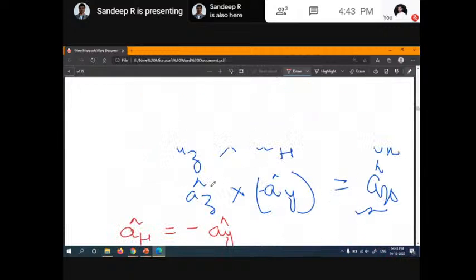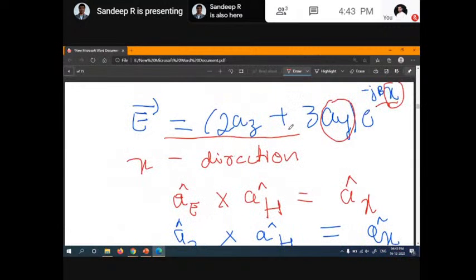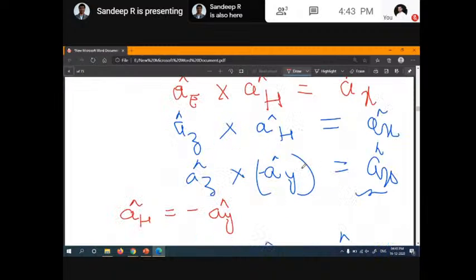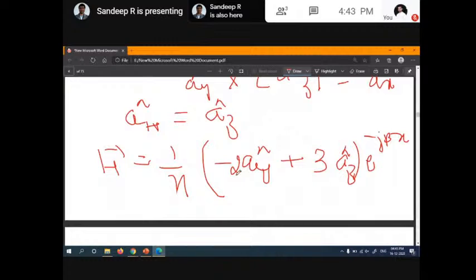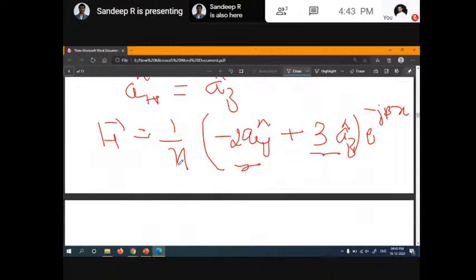So vector E is given as 2AZ plus 3AY. Now I have modified it for vector H. So 2 into minus AY plus 3 into AZ, divided by eta, into e power minus j beta x. The value of eta is 125 for free space.